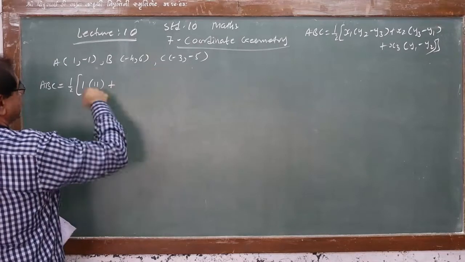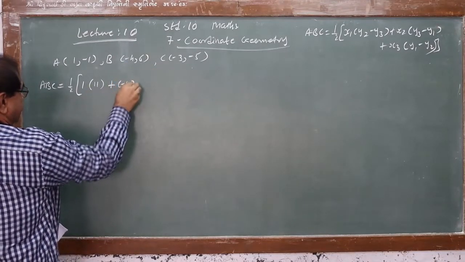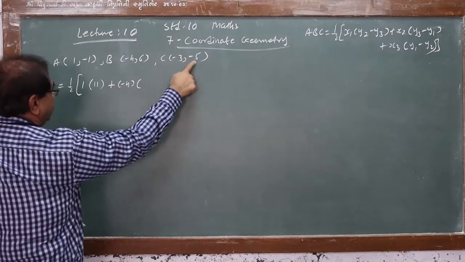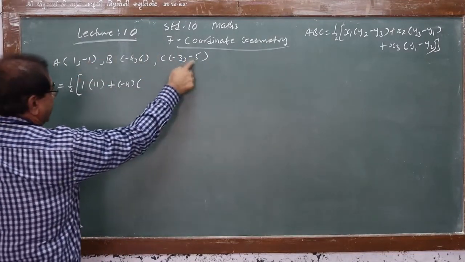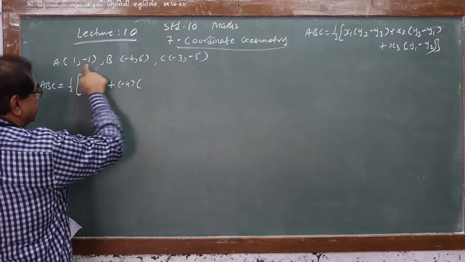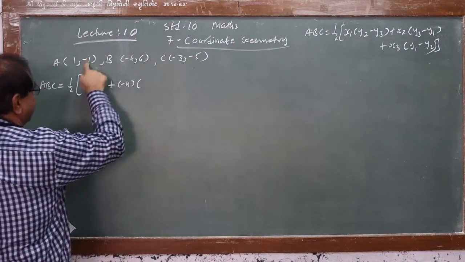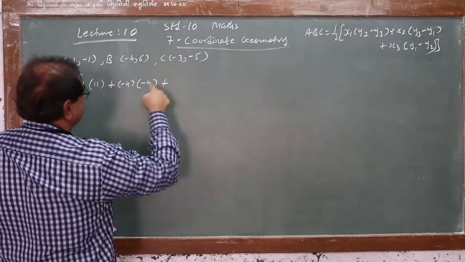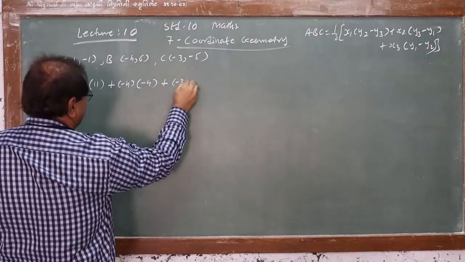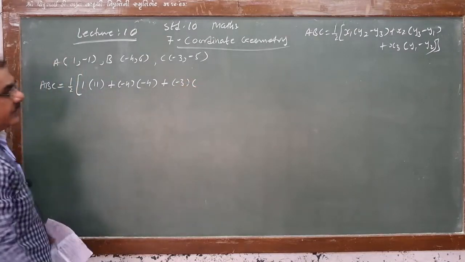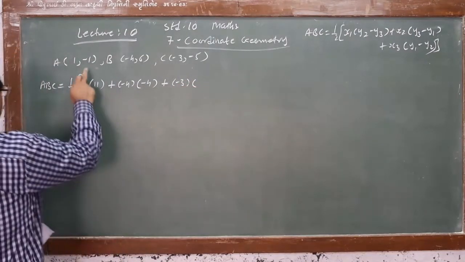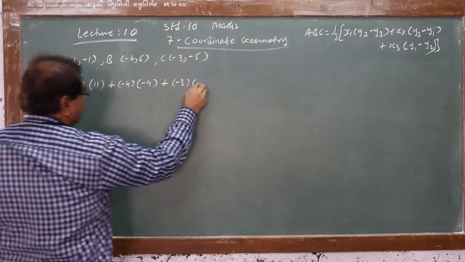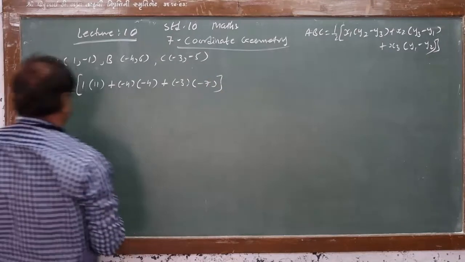Plus x2, x2 is minus 4, into bracket y3 minus y1, minus 5 minus minus 1, so it is minus 5 plus 1, it is minus 4. Plus x3, x3 is minus 3, into bracket y1 minus y2, minus 1 minus 6 is minus 7, square bracket over.